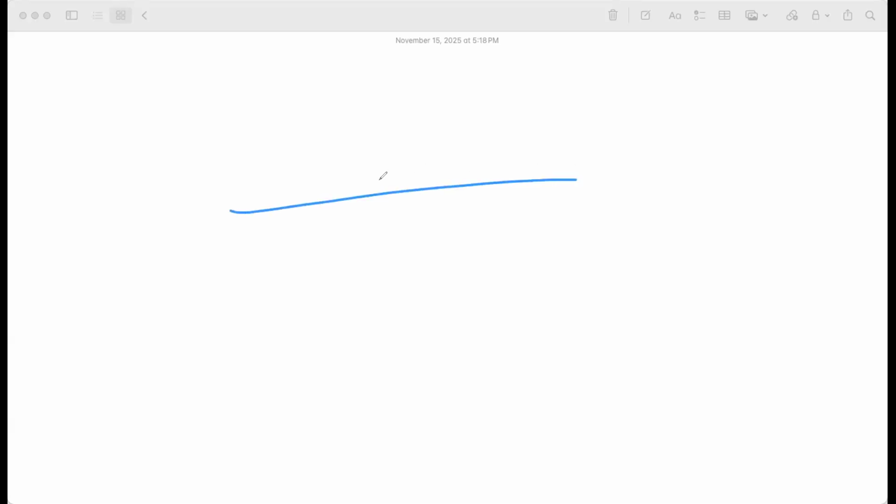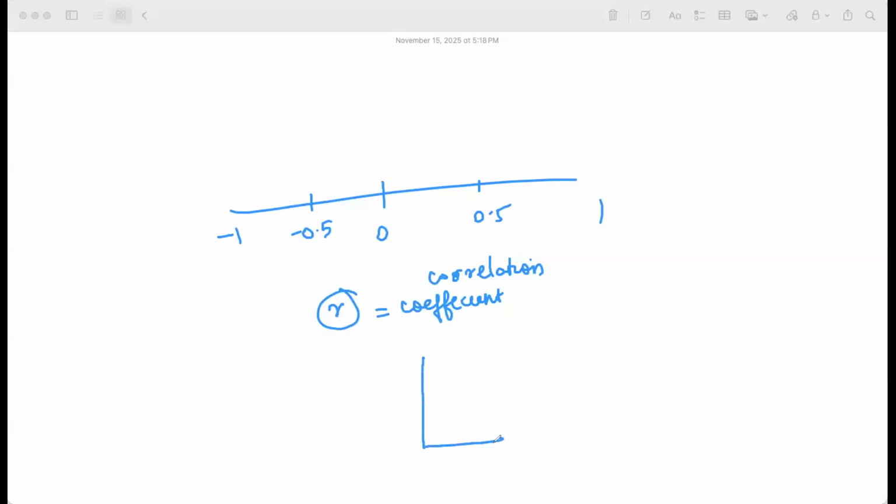Suppose there are two quantities and my correlation coefficient, let's say this is 0, this is 0.5, this is -0.5. The correlation coefficient is defined by R. Suppose in some x and y values I get a correlation coefficient of 0.4.